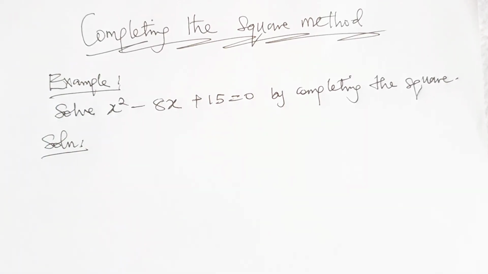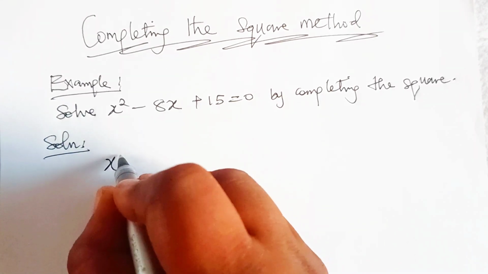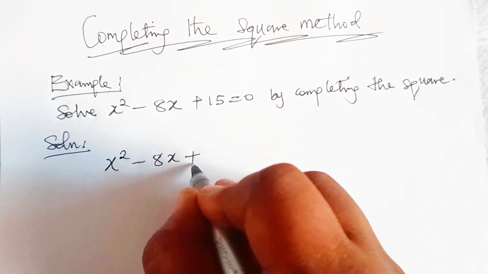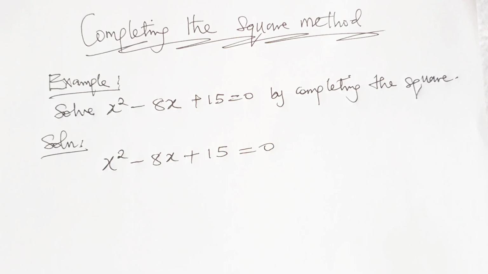The first step is to write the given equation: x squared minus 8x plus 15 equal to 0.